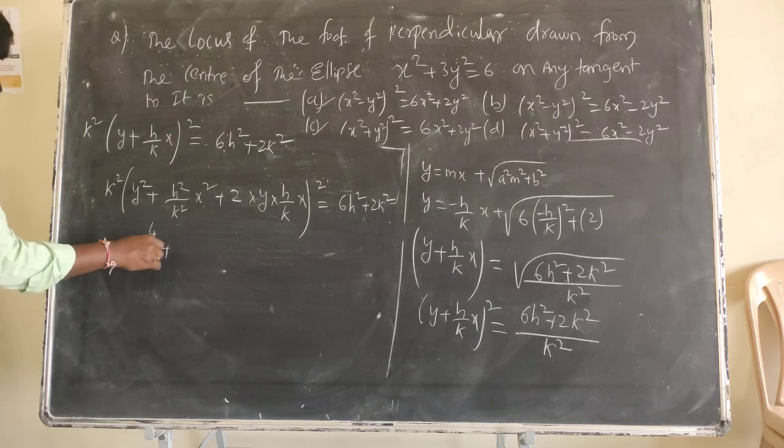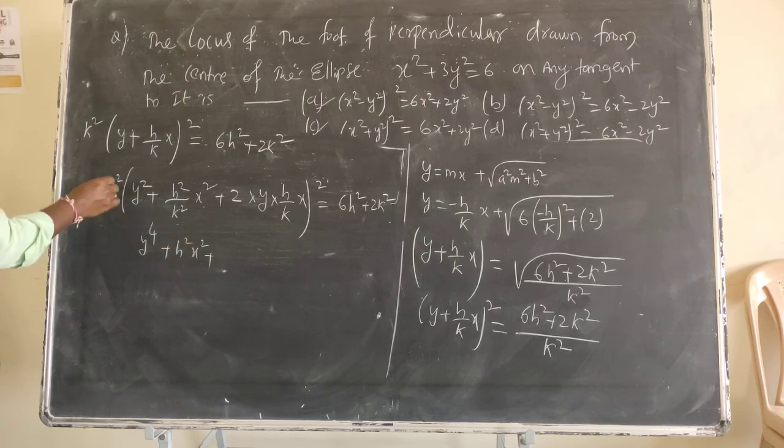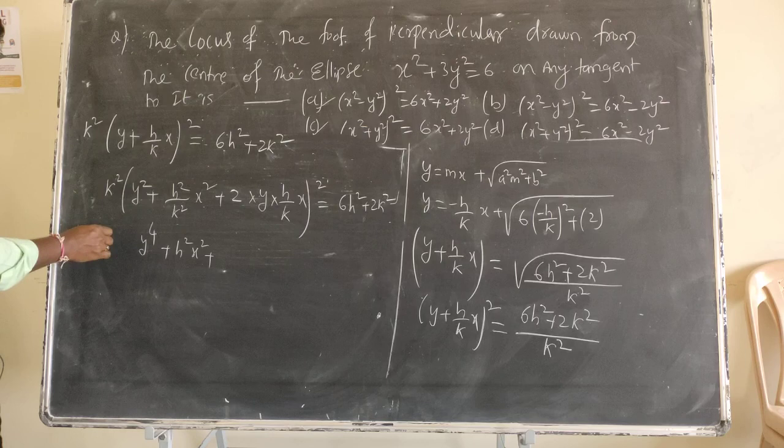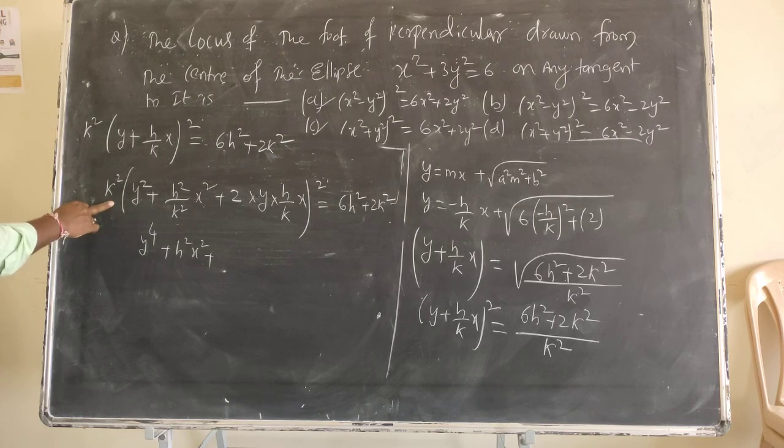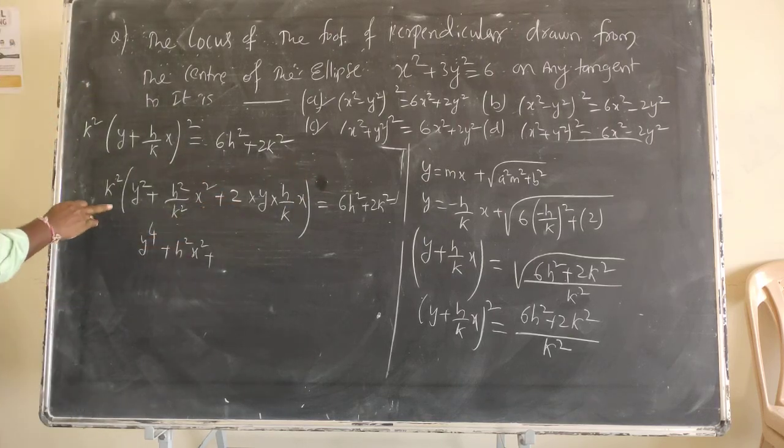Y power 4 plus, here k square will cancel, I get h square x square. We have already done the square.